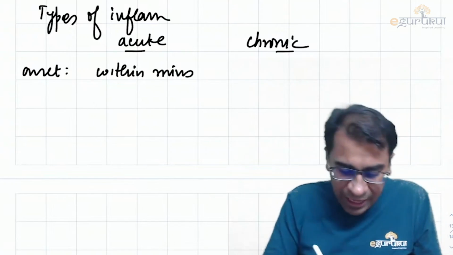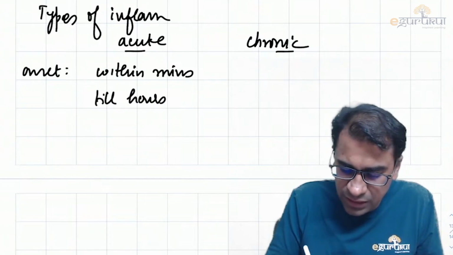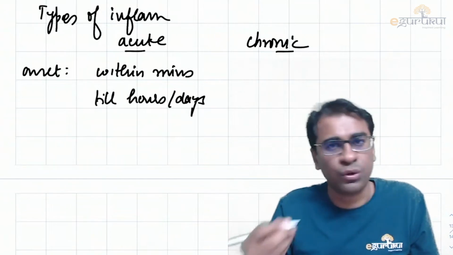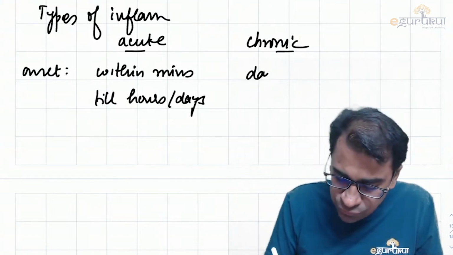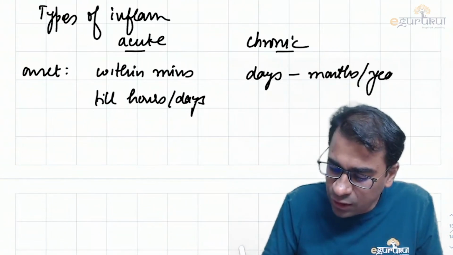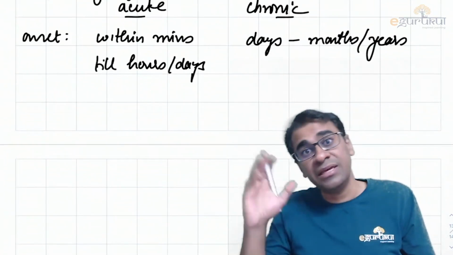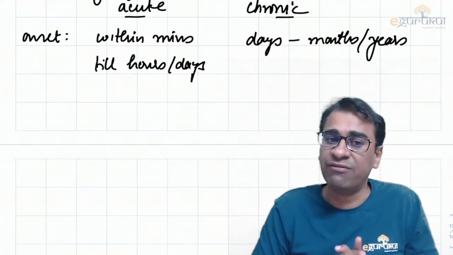That's very important. And it remains for some hours, maybe a few days also. But chronic inflammation starts within days. It remains for a few months or can also remain up to some years later on. That's again very important.